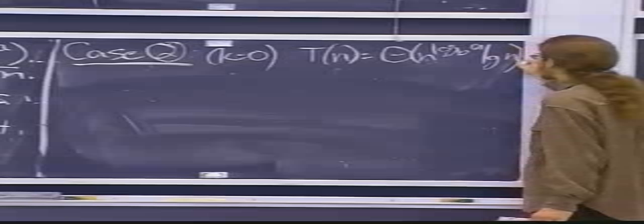Case 2 was when, and I will make my life a little bit easier, let's suppose that k is 0. K, remember, was the exponent in the log term. So let's just forget about the log term. Then we have that t of n is theta n to the log base b of a times log n. Good. And here what's going on is the weight is pretty much balanced among the levels.